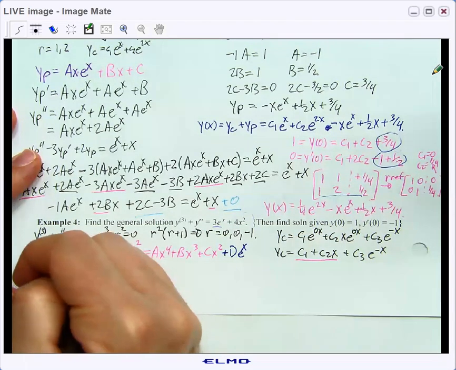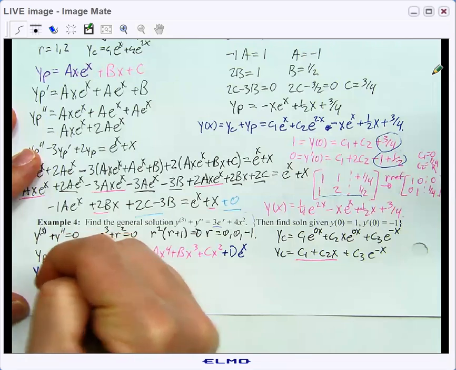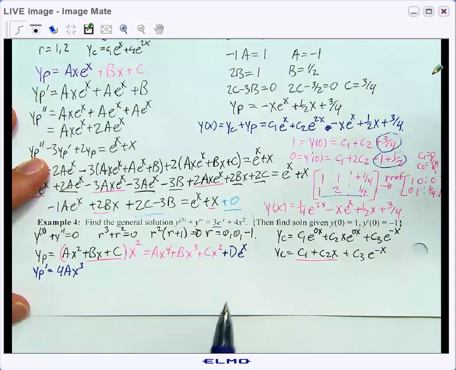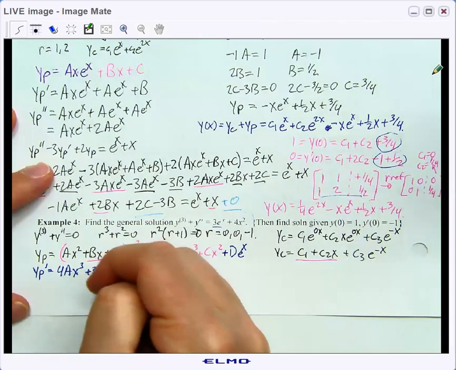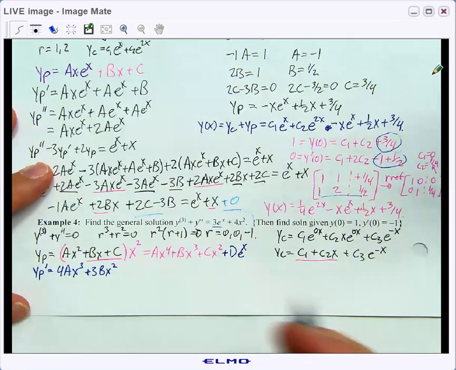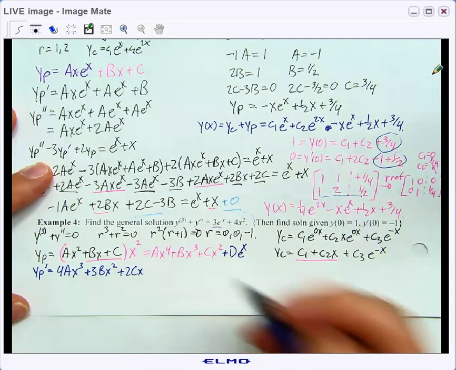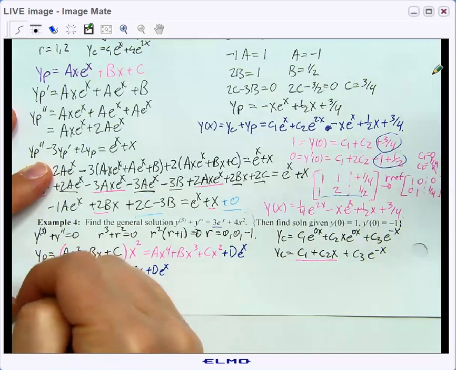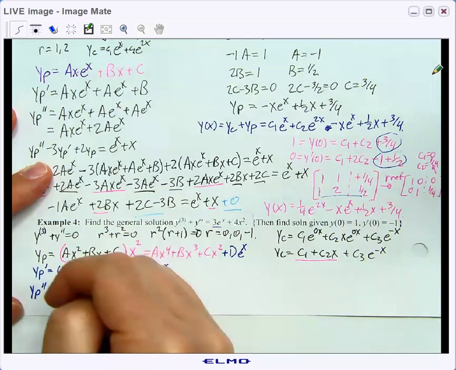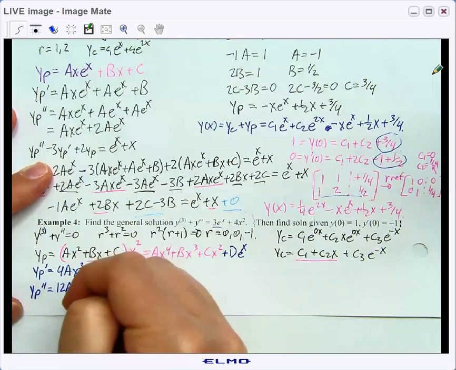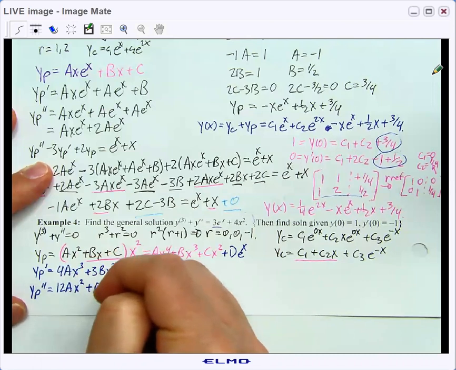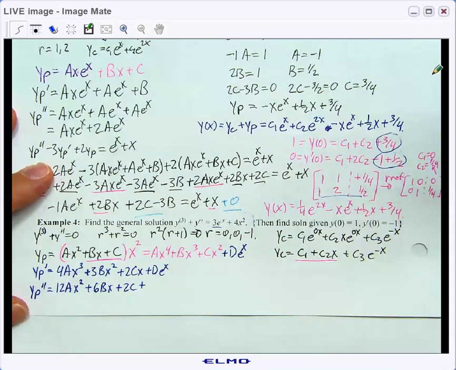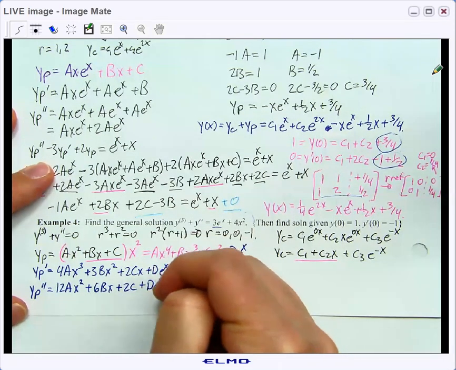So if we take y_p', we're going to get 4ax³ + 3bx² + 2cx + d e^x. y_p'' will be 12ax² + 6bx + 2c + d e^x.